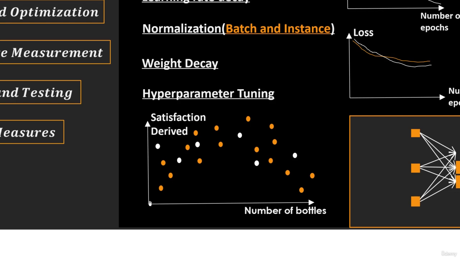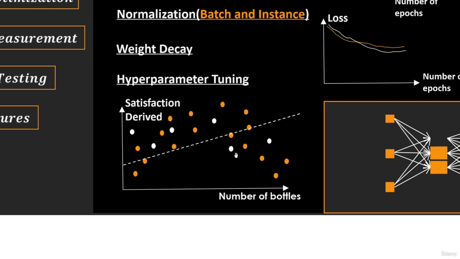Obviously, we see that as we increase the number of bottles drank, the satisfaction derived starts increasing, and then we get to a point where an increase in the number of bottles actually reduces the satisfaction derived. Now, with this kind of data, if we come up with this kind of simple linear regression model, we'll find that our model would underfit.